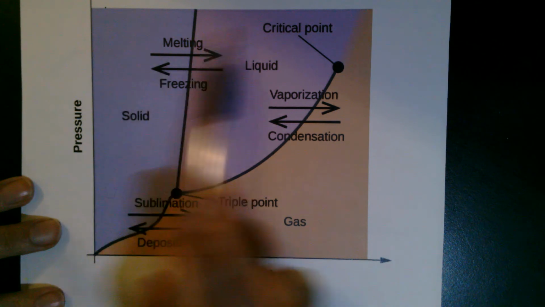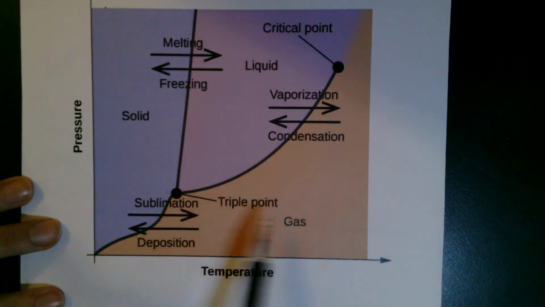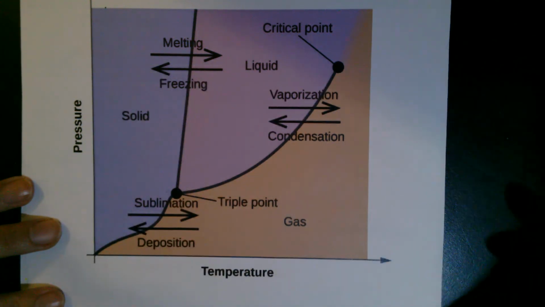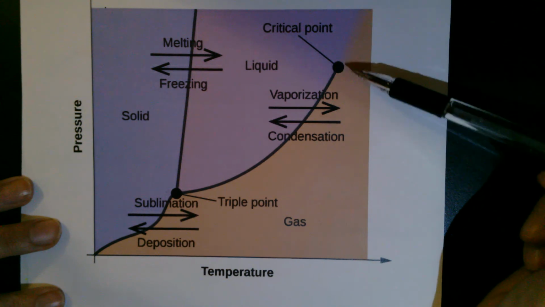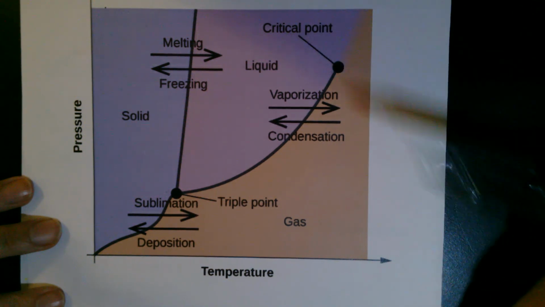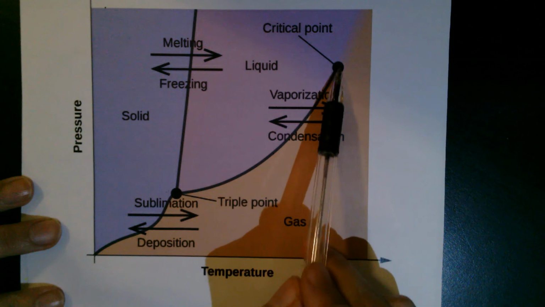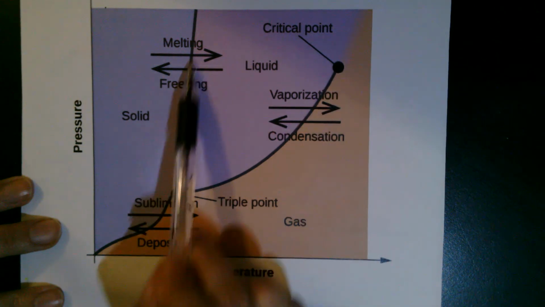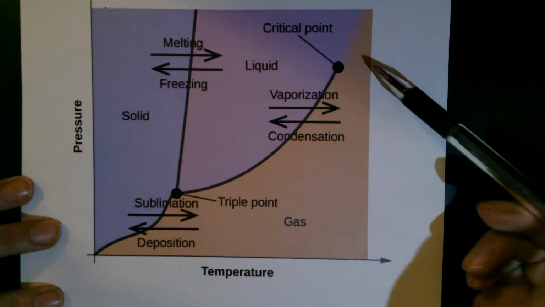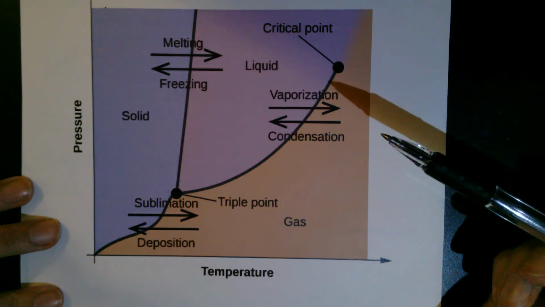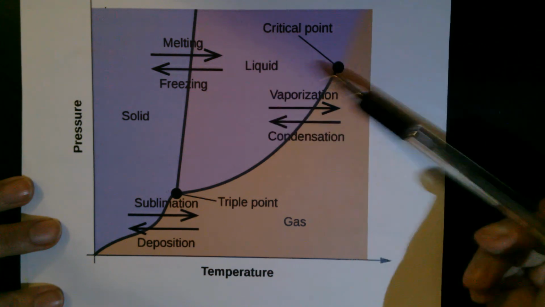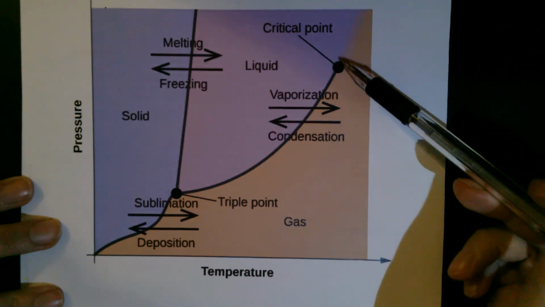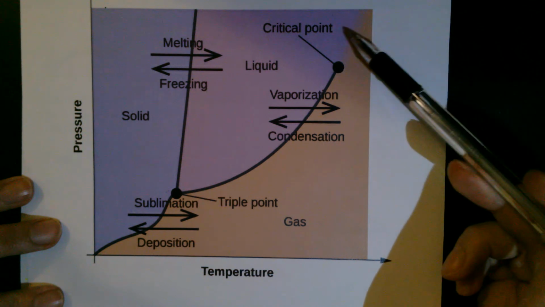Okay, so here's again a phase diagram with the major points. One I didn't talk about, one that's kind of unique, is the critical point. You see up here, this one keeps going off the page, but this one ends at a point. A critical point is the pressure and temperature above which you don't have a distinct liquid and gas phase.